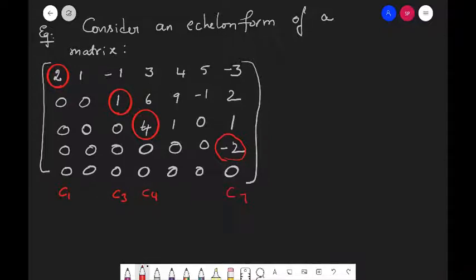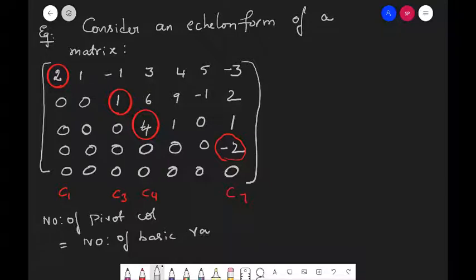So from this first I will write immediately number of pivot columns. I know how many are there. Number of pivot columns, that is equal to number of basic variables is equal to 4. 1 2 3 4.